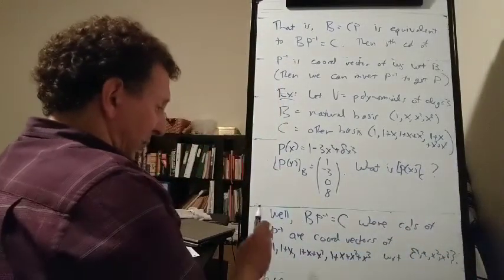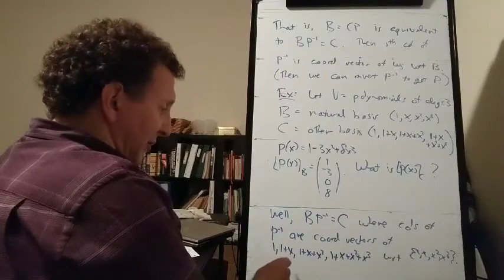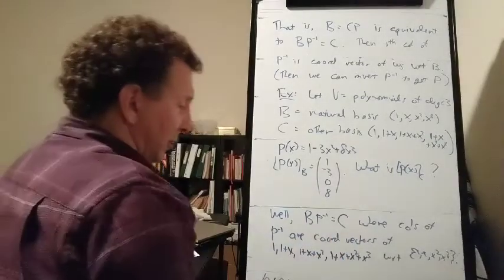So that is, the coordinate vectors are 1 and all zeros, 2 1s and all zeros, 3 1s and a 0, and all 1s.